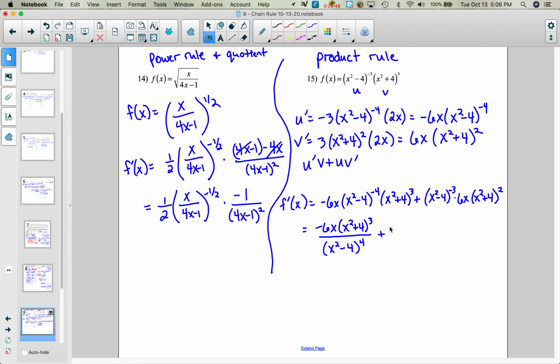So I'm going to have 6x, x squared plus 4, quantity squared, and this would be x squared minus 4 cubed. And I actually could find a common denominator by multiplying by another factor of x squared minus 4. I could factor out a 6x. I could combine this into a single expression, but we're not going to. Okay, so we're just going to stop at that point.